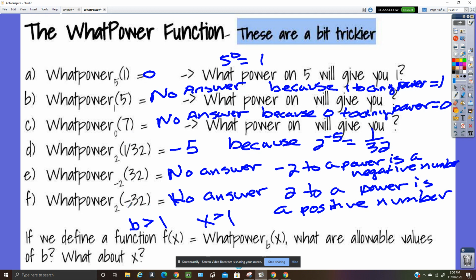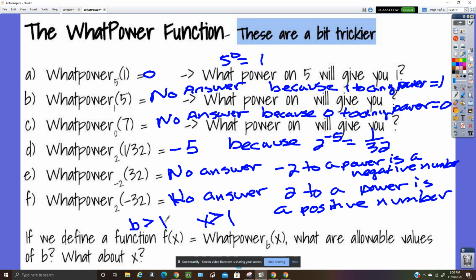So notice when this is a negative, there's no answer. So x also has to be greater than 1. This is a greater than symbol here. And we don't usually put fractional values here either.